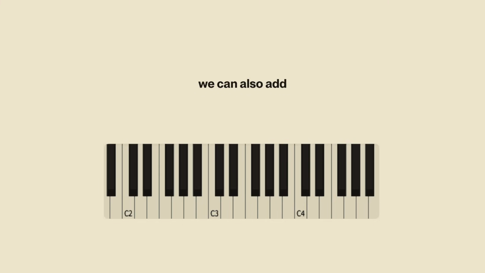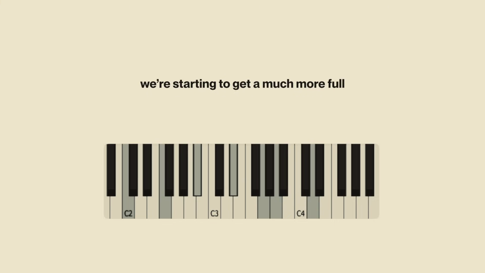We can also add the 11th or the 13th. We can add the 5th back in there. And as you can see, we're starting to get a much more full sound out of this chord. You can really double notes and move notes around wherever you like.